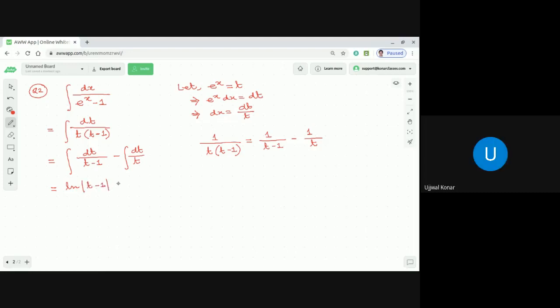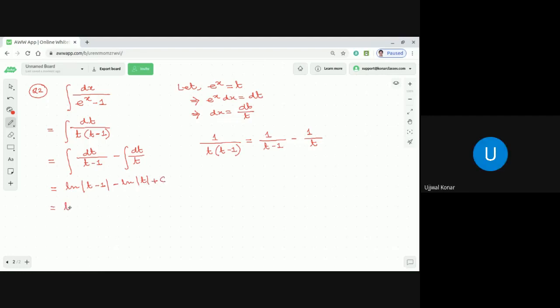Sometimes we may say I cannot recall, that is also fine. But how does this statement come? Integration of x to the power n dx is only valid when n is not equal to minus 1, right? So the answer is ln of (t minus 1) minus ln of t, plus the integrating constant c.